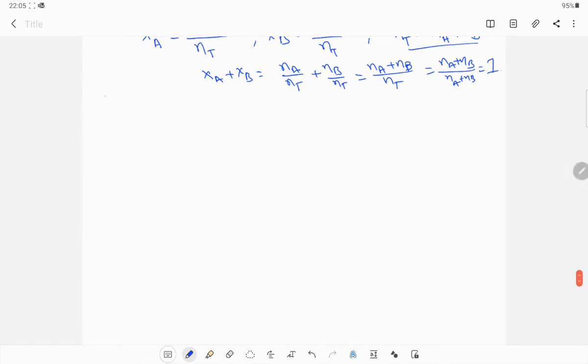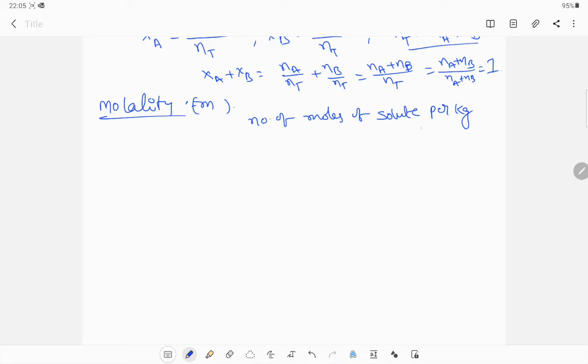Next concentration term is molality. It is represented with small m. So definition is number of moles of solute per kg weight of solvent. Number of moles of solute per kg weight of solvent.